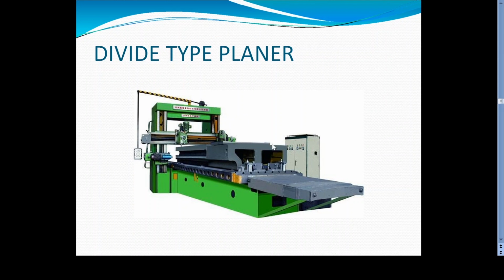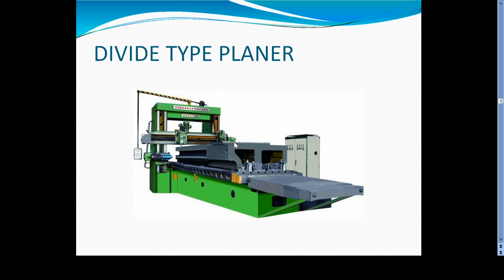Now you can see only one table, and you can keep one more table here, and sometimes if you want to close them together, that is also possible. But the tool head, cross rail and housing are only one. So by using the same thing, if you want to machine, that is possible, and the workpiece can be held on both tables.